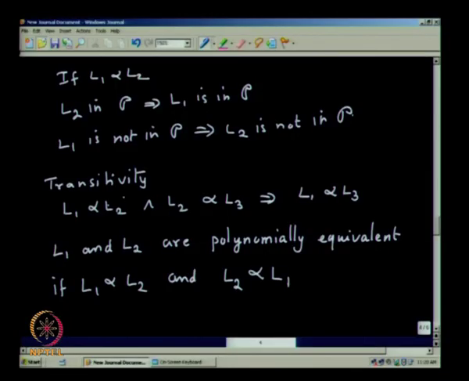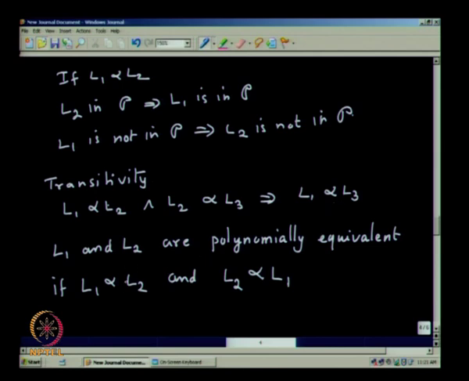So, combining the two, you can have a Turing machine which transforms L1 to L3 in polynomial time. So, if L1 is polynomial time reducible to L2 and L2 is polynomial time reducible to L3, then L1 is polynomial time reducible to L3.